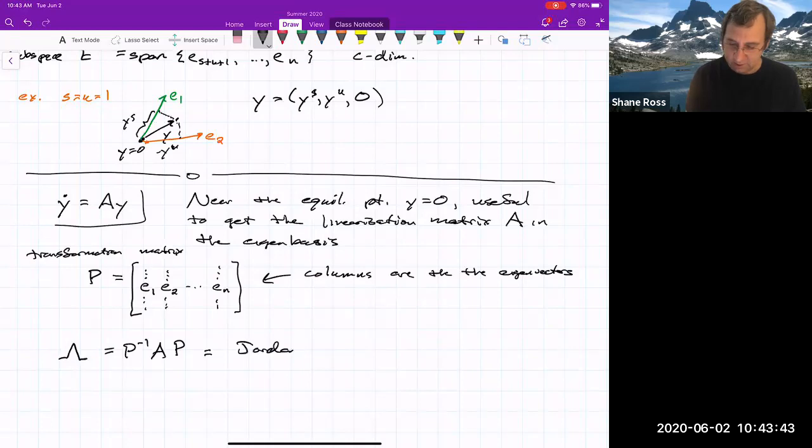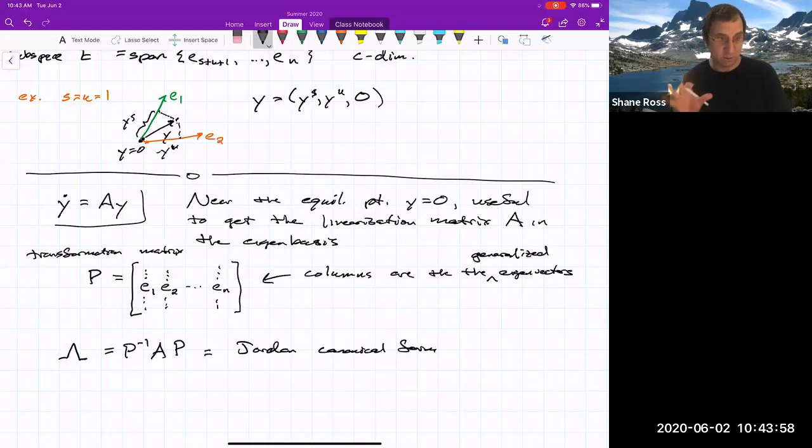It's called the Jordan canonical form. And I guess I need to say here the generalized eigenvectors. If you did have complex ones, you have rearranged things appropriately, so now you have only real eigenvectors. This Jordan canonical form is just the simplest representation of your matrix.